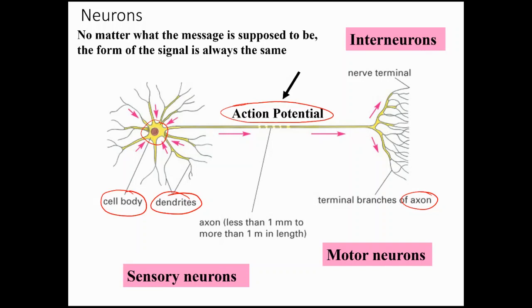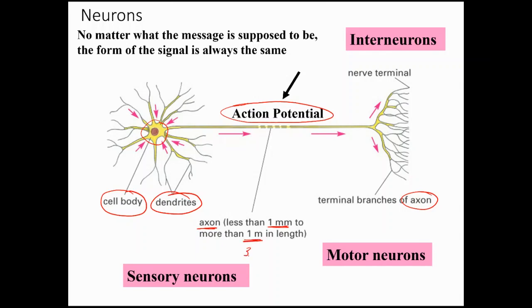The axons are very interesting. In fact, the whole shape of a neuron is so bizarrely different than most of our cells. Some axons, especially in the interneurons, can be less than 1 millimeter in length. Whereas some of the axons, especially of our motor neurons, can be more than 1 meter in length.